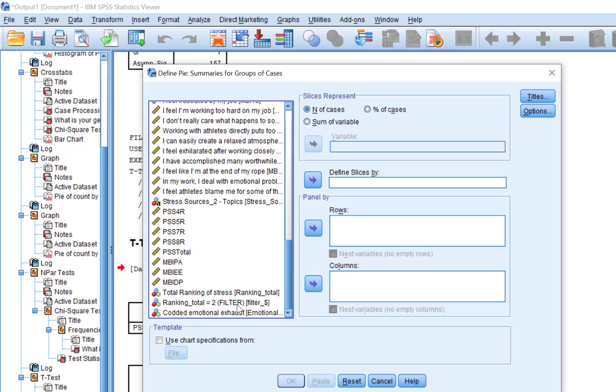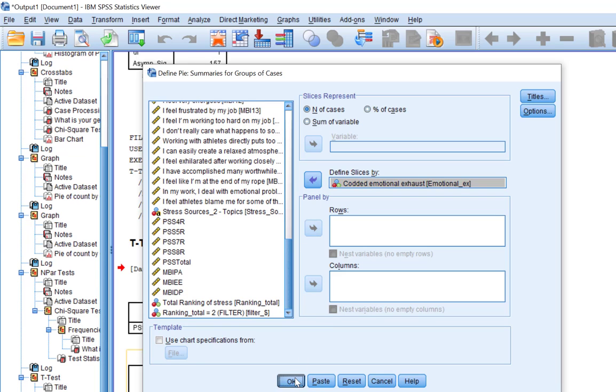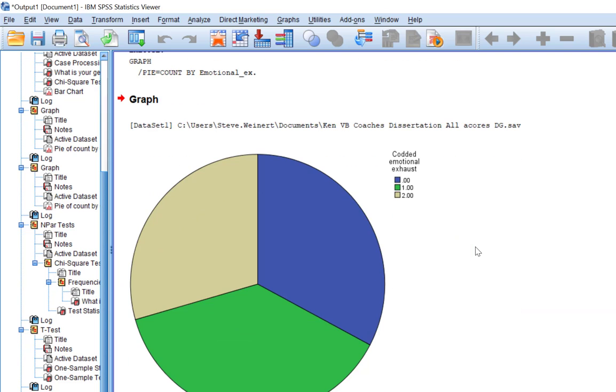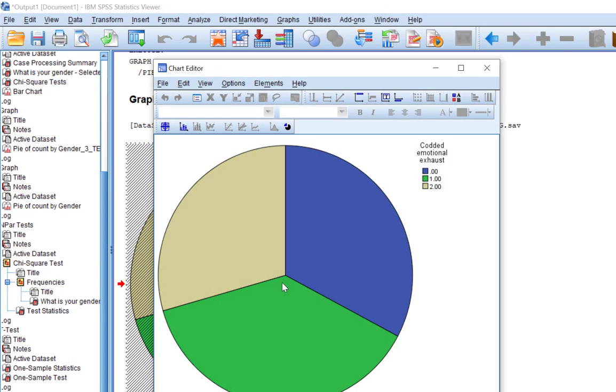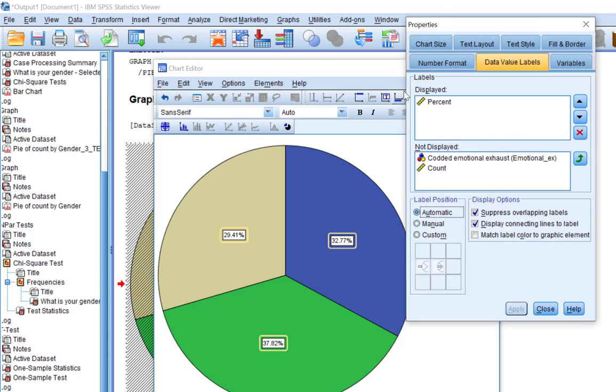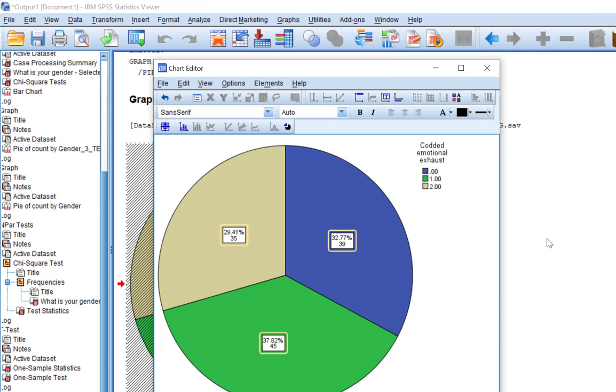So we can panel any one of these graphs. Oh, that's cool. Nice. All right, so 2 is high.